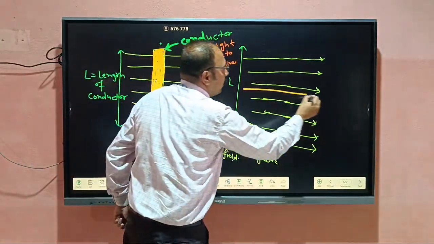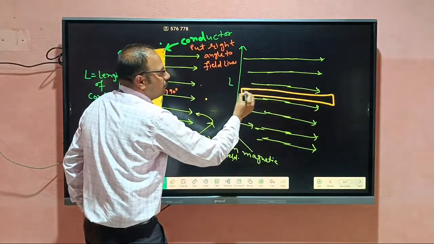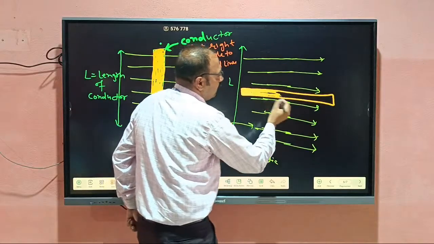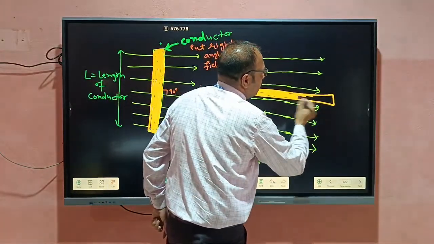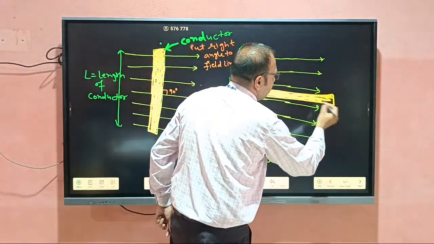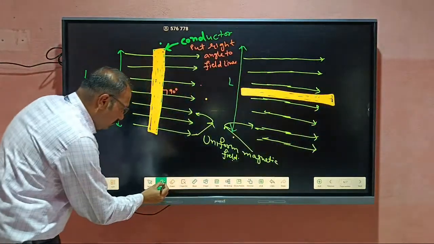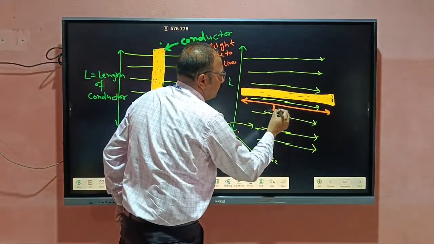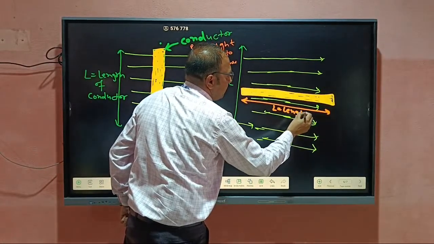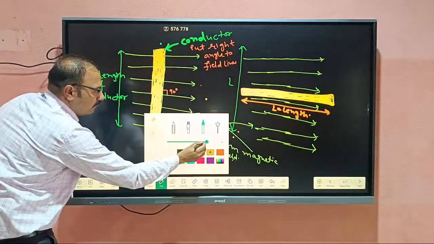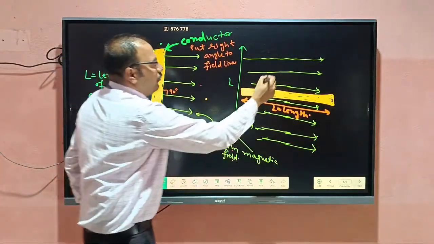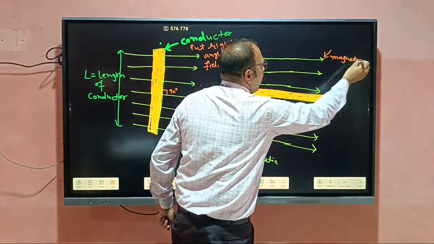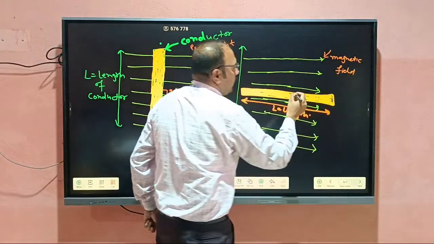So for example, here we put a conductor of length L, and this is the magnetic field, and here the angle is 0.